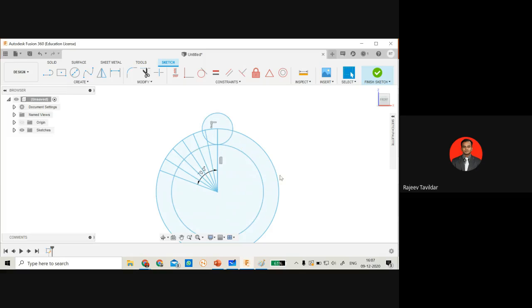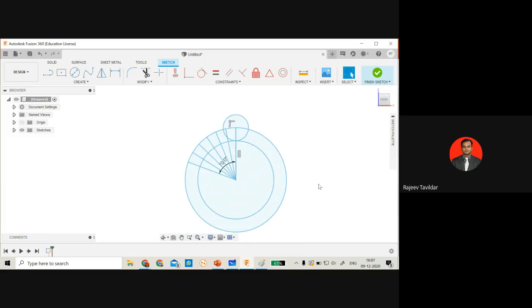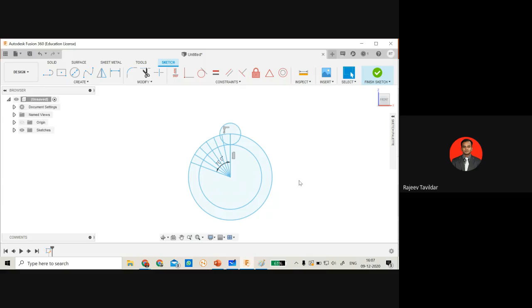Okay, so we have got these 6 divisions. Since these have to be extended a little bit, I will extend them here now, to some random length.